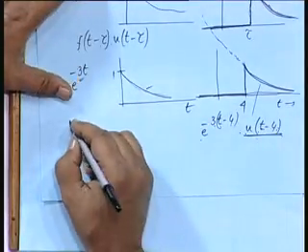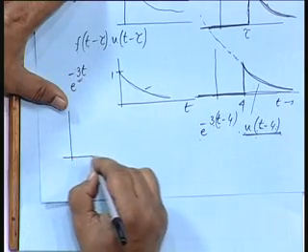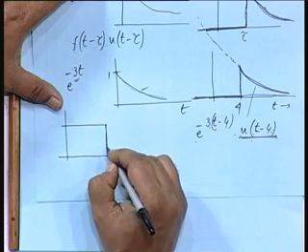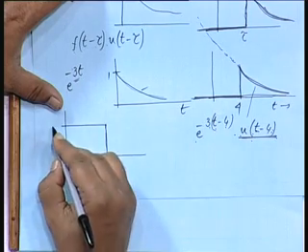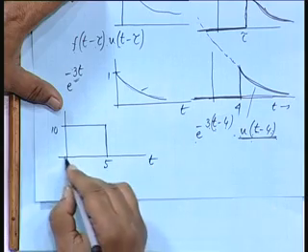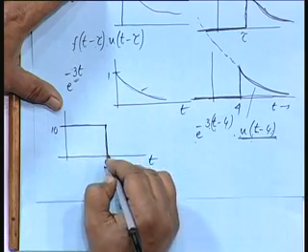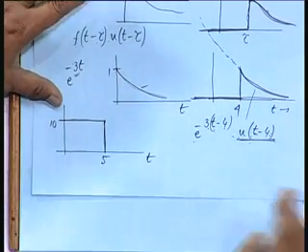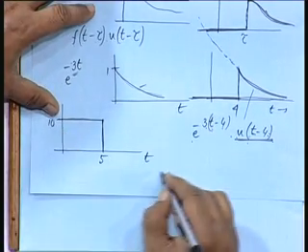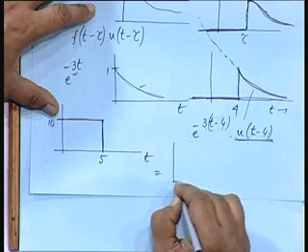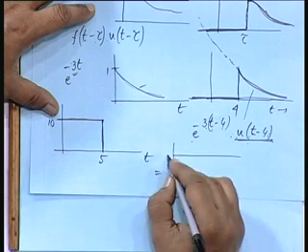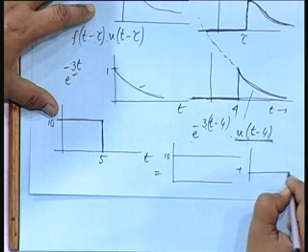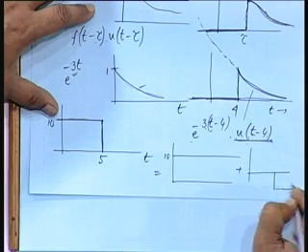Now, tell me how I represent a pulse by continuous functions. Suppose this is 5 seconds, this is 10. What will be the representation of this in terms of known standard continuous functions? I can write this as sum of this function of magnitude 10 plus a function which is minus 10 after 5 seconds.